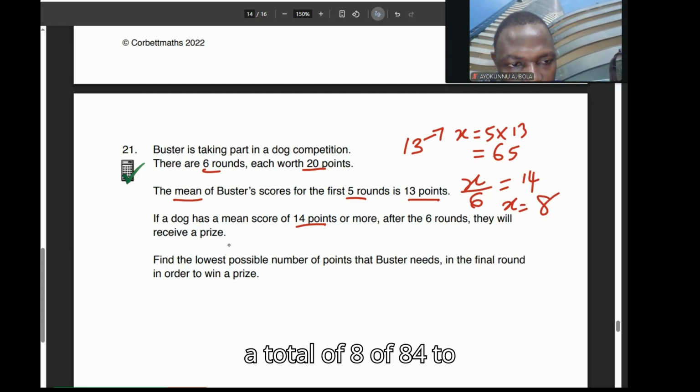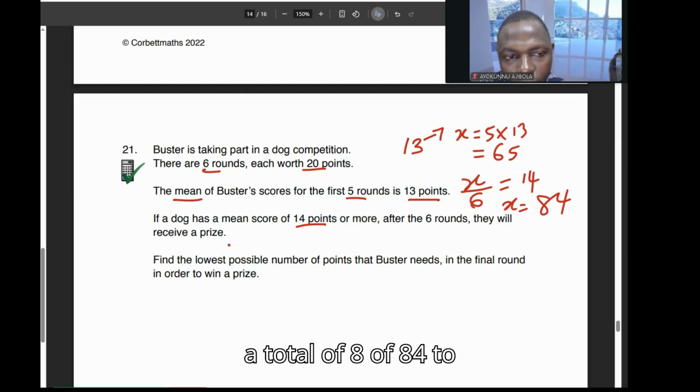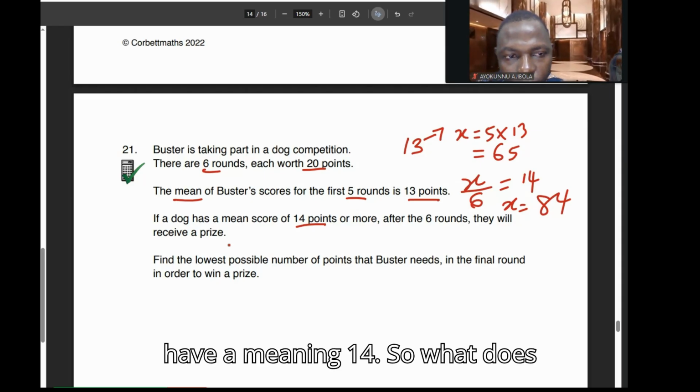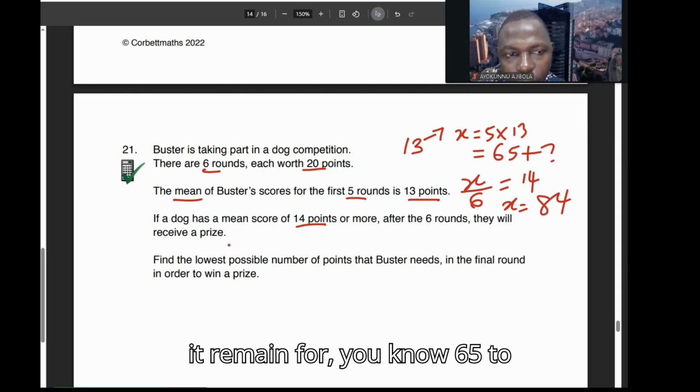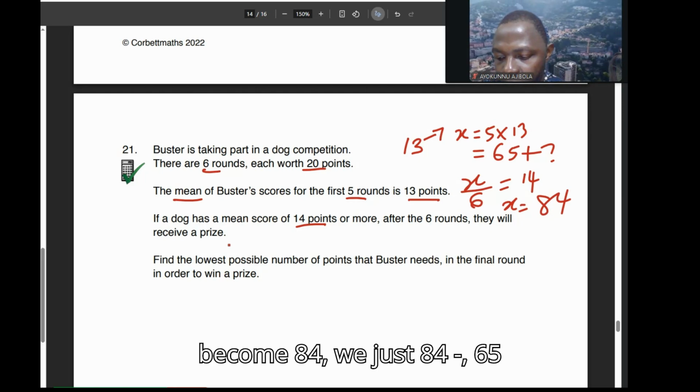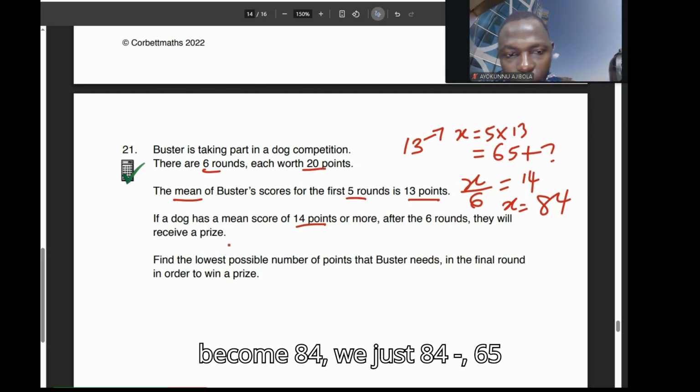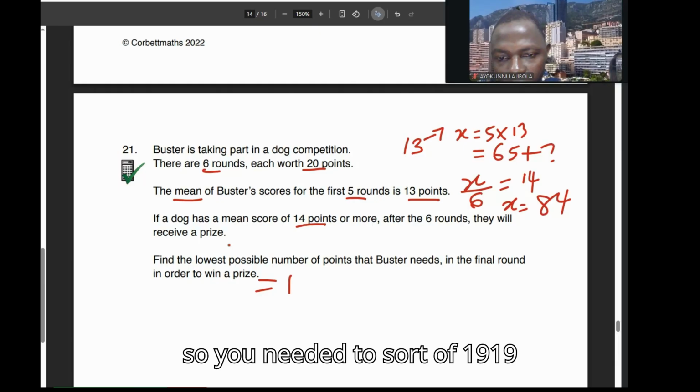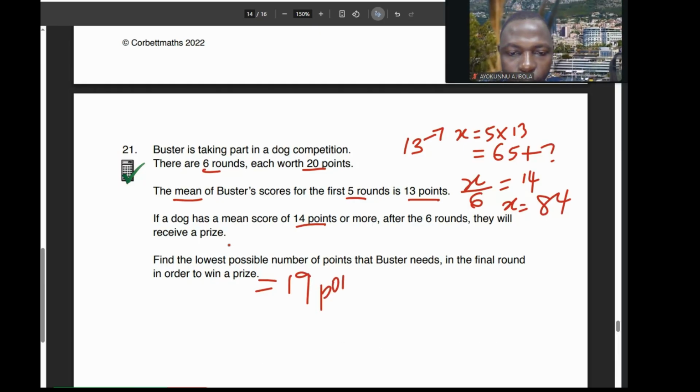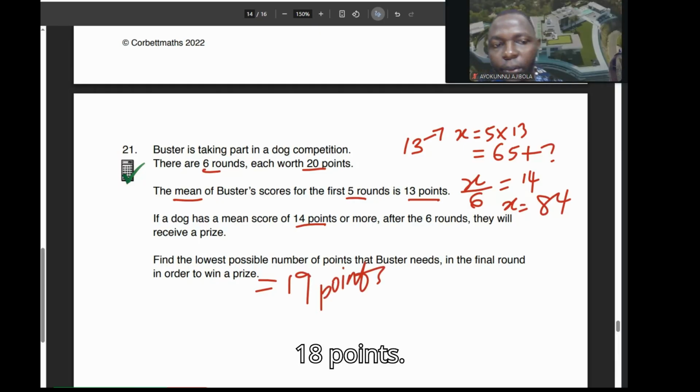So he needs a total of 84 to have a mean of 14. So what remains for 65 to become 84? We just say 84 minus 65. So he needs 19 points.